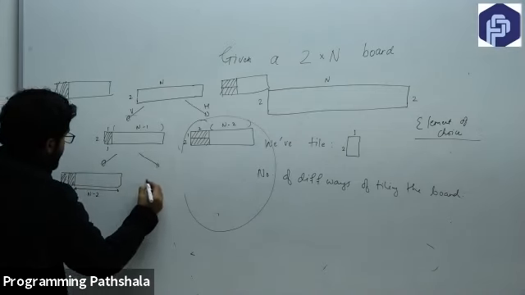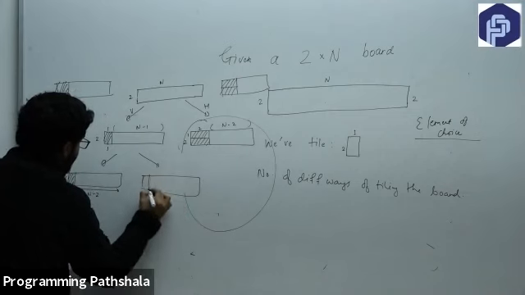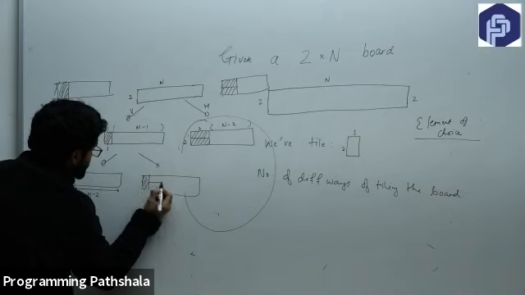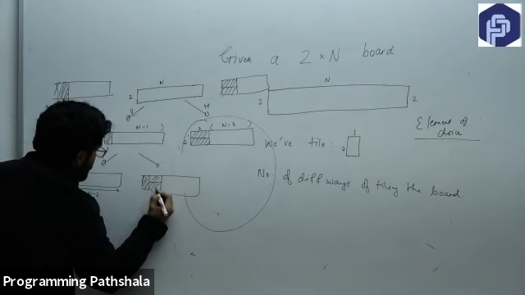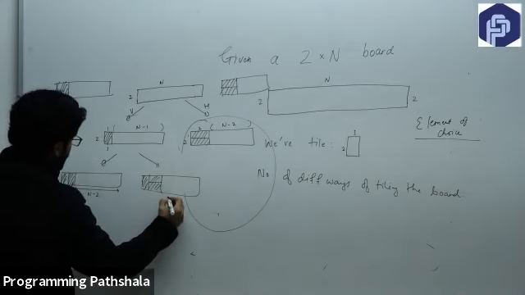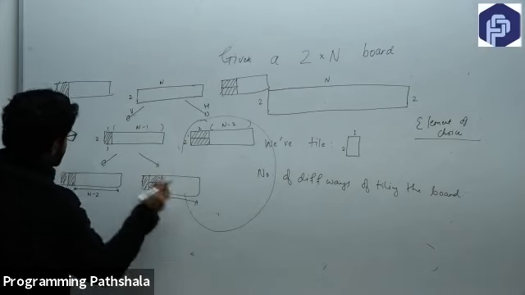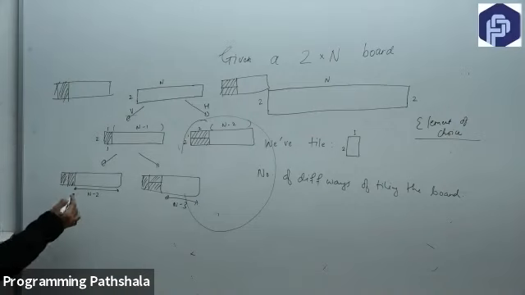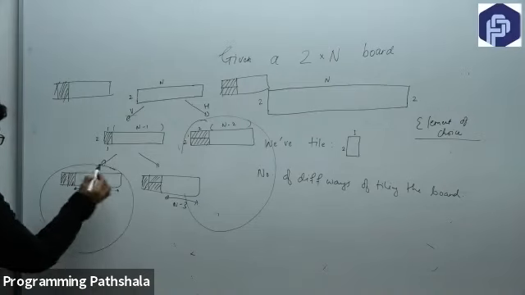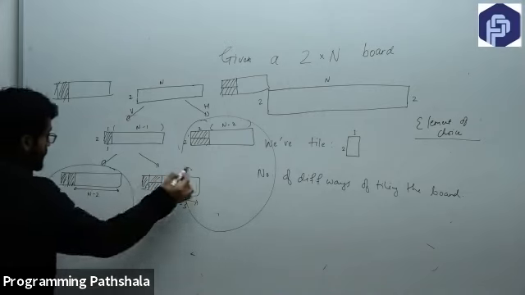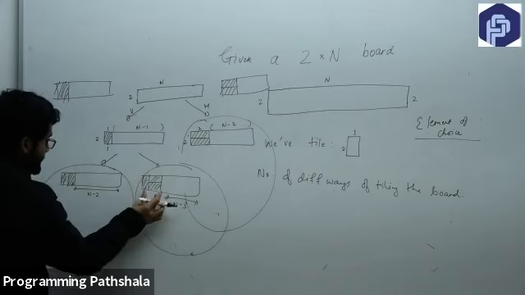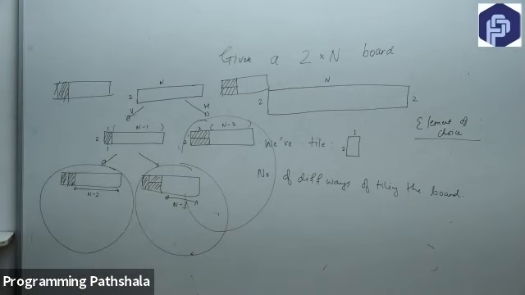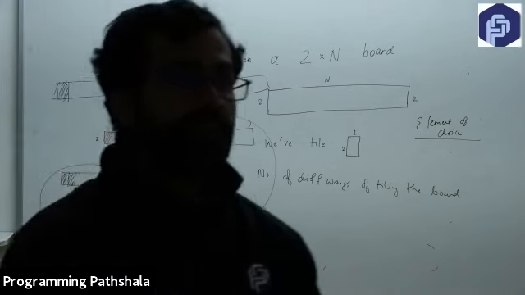Or after this, you could have placed the tile in this manner, and then you would have been left with n minus 3. Now I can easily say that all solutions that I get from here start with this, and all solutions that I get from here start with this. So nothing from here would be found here, and vice versa. Is that clear?